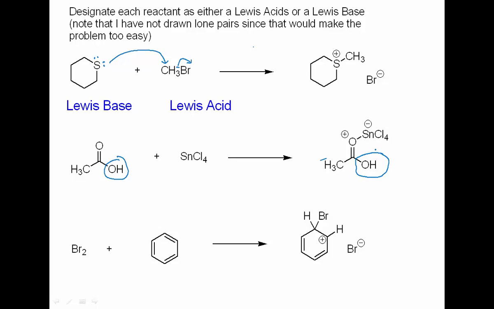So this is not donating a proton at all. What's happening here is that we're actually using these lone pairs at oxygen here. They're reacting with tin tetrachloride to make a Lewis acid, Lewis base adduct.